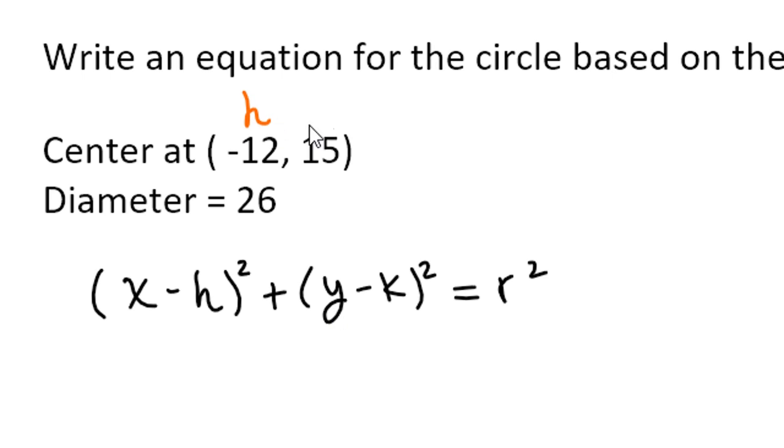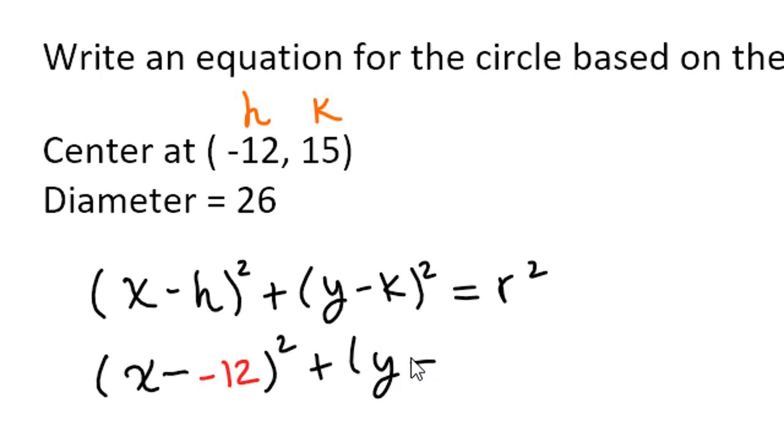So this is going to be h, this is going to be k. That means we have (x minus negative 12) squared plus (y minus 15) squared equals the radius squared.